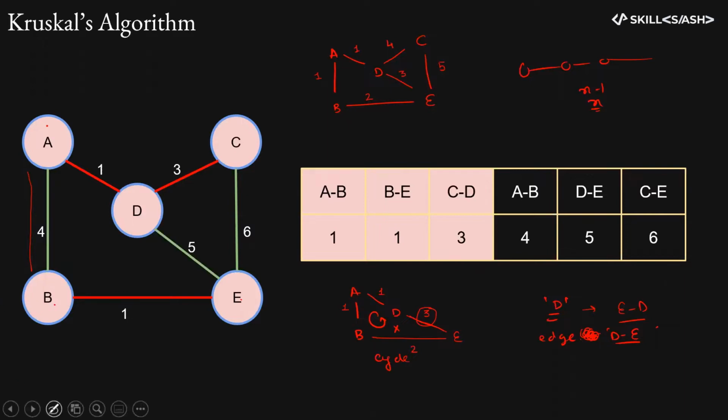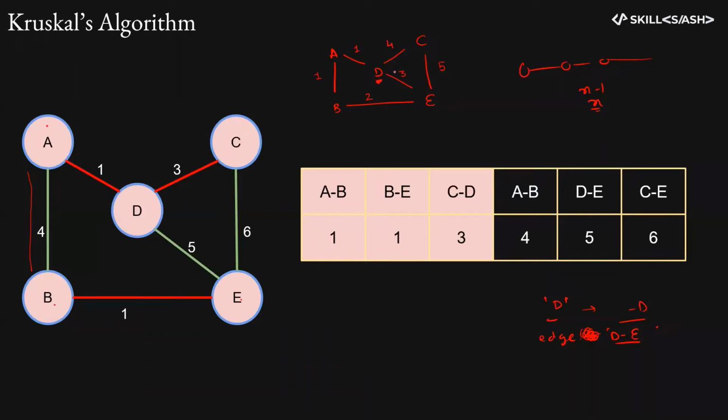Let's say we have some logic via which we can find whether there is a loop or not. We'll see how we find the loop. But let's say, before adding this DE edge, we find what is the parent of D in the minimum spanning tree.